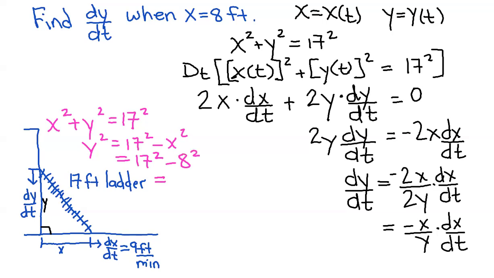Okay, so 17 squared is not something I know off the top of my head. Let me use my calculator. 17 squared is 289. Take away 64, which is 225.